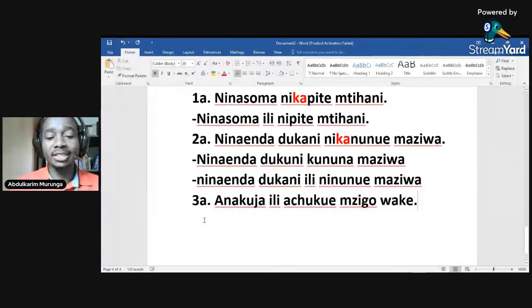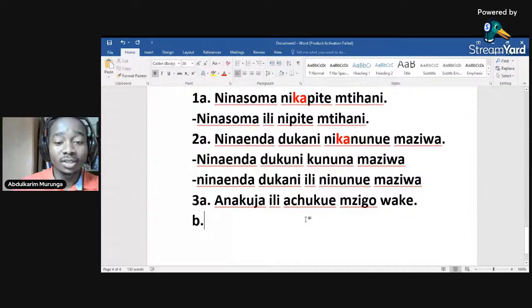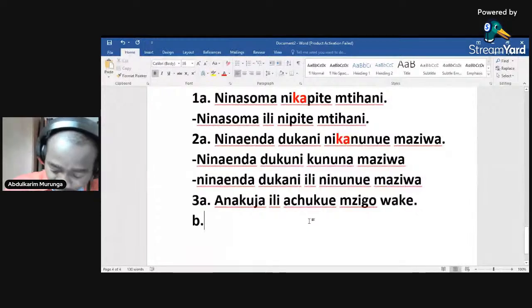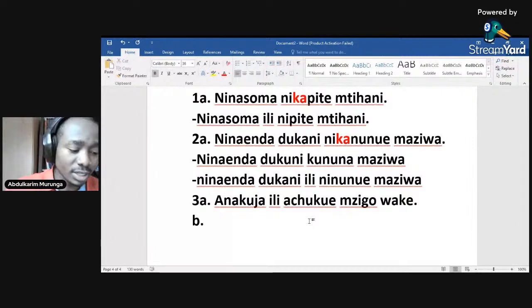He's coming so that he can take his luggage. So use ka instead of ili. Use ka instead of ili. Anakuja, yeah, use ka in that part.